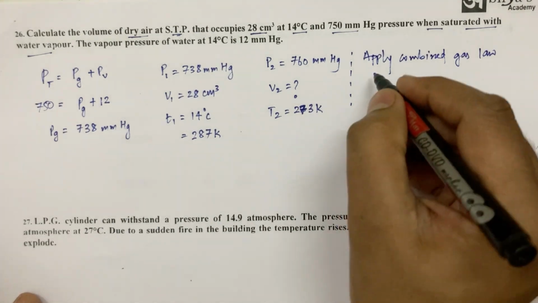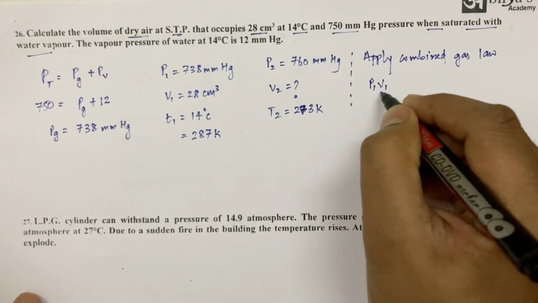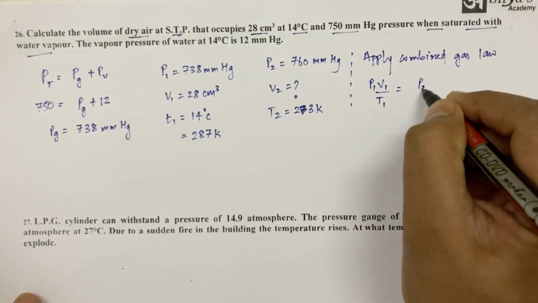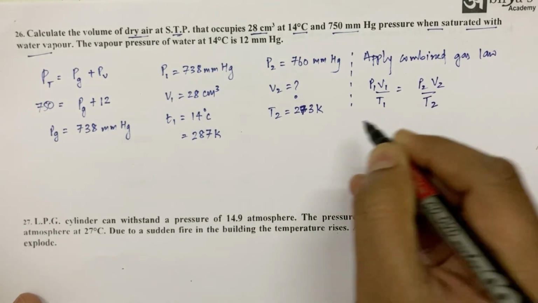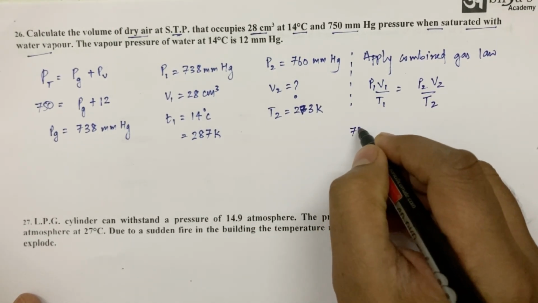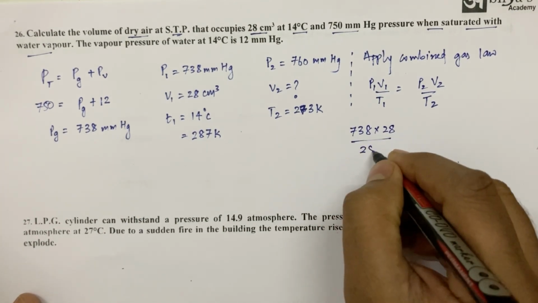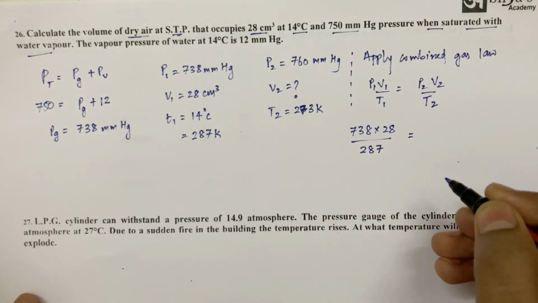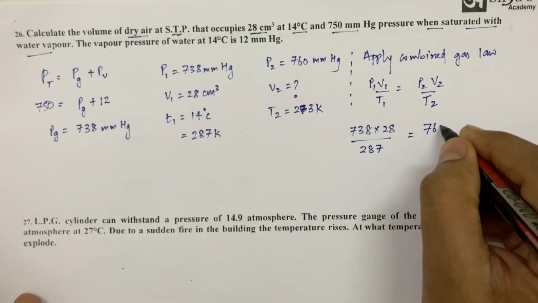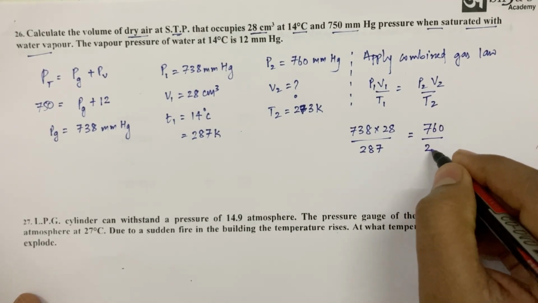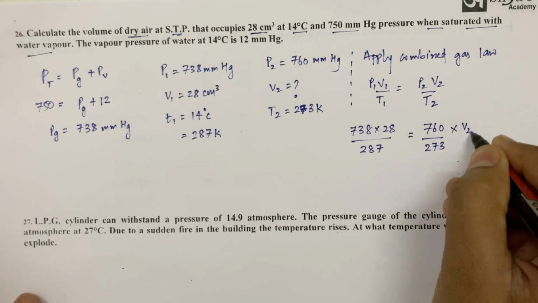When you apply combined gas law, P1 V1 upon T1 is equal to P2 V2 upon T2. What you do this? 738 into 28 divided by 287, that is equal to 760 divided by 273 into V2.